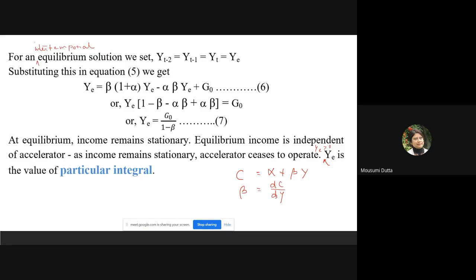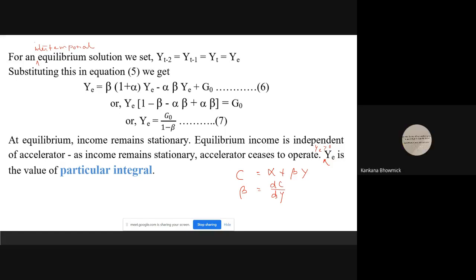So it may happen that your income is changing, however, your consumption remains unchanged. Is it possible? dY changes, however, dC is 0. Is it possible? Yes, ma'am. Okay. So the minimum possible theoretical value for beta is 0. And is it possible that your change in consumption is exactly equal to your change in income? dC is exactly equal to dY?